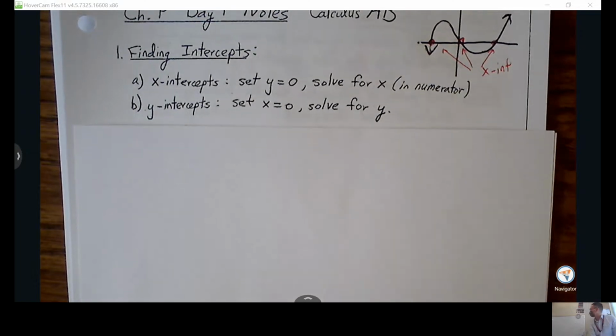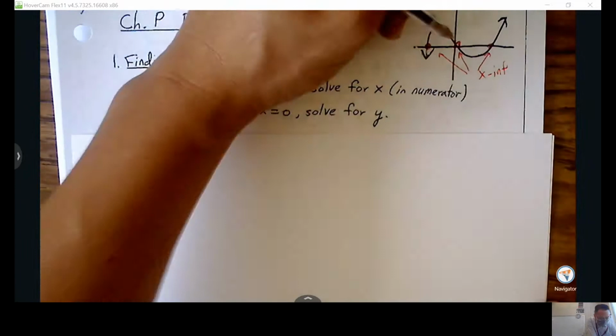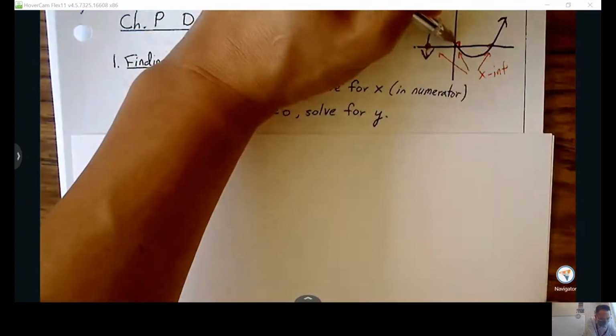Okay. To find the Y-intercept, we would set X equal to 0 and then solve for Y. In this case, I think I had a duplicate here.